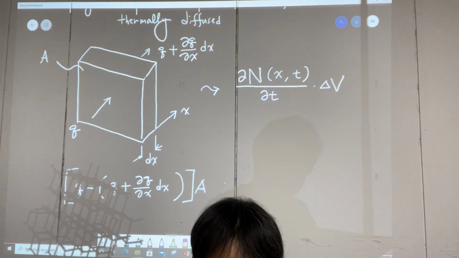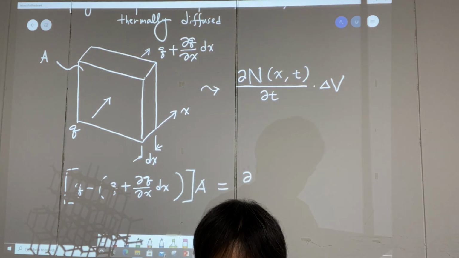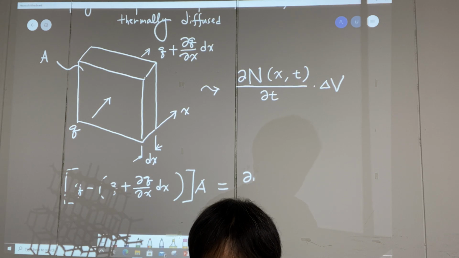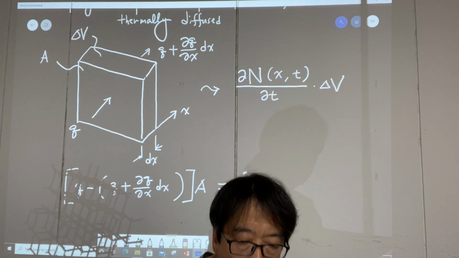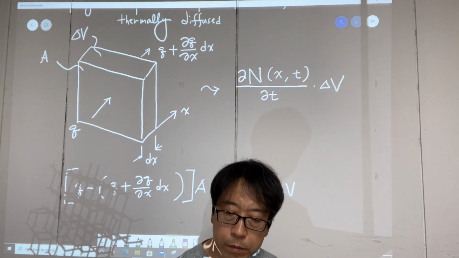So this difference will result in partial n, partial t, delta V. Delta V is the volume of the little element.